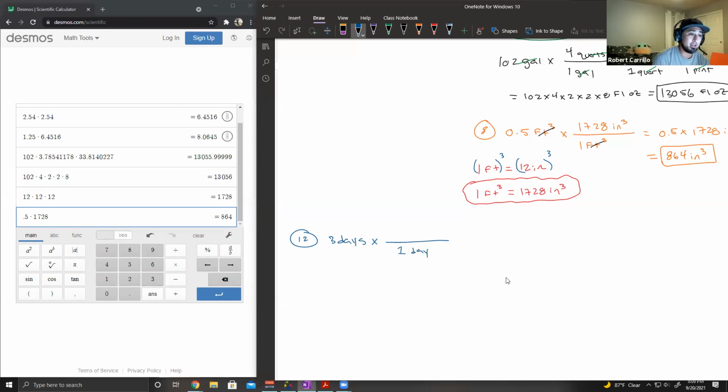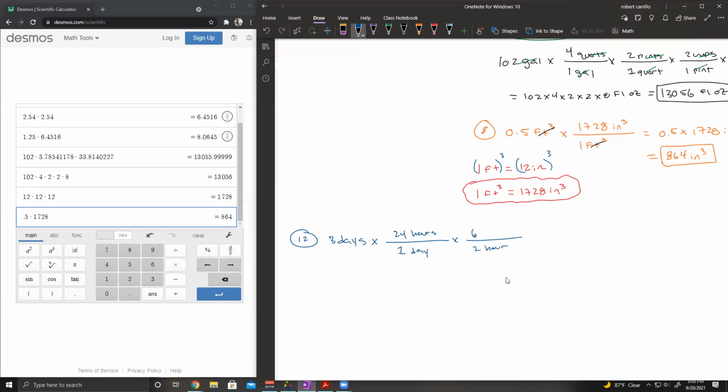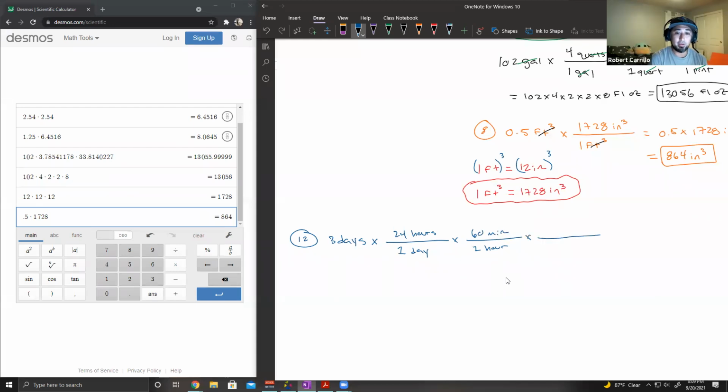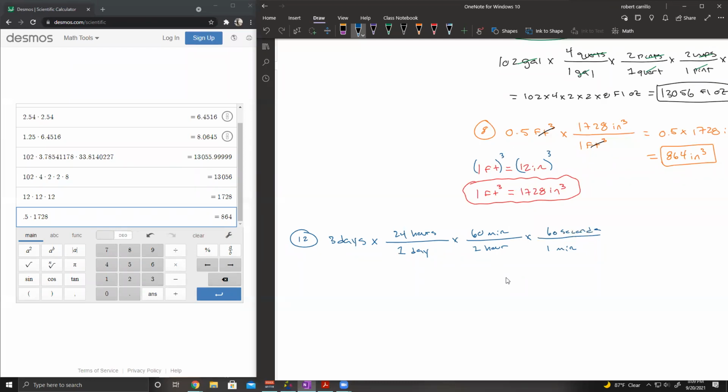So in 1 day, we have how many hours? 24 hours. And then in 1 hour, you have how many minutes? 60 minutes. And then in 1 minute, you have how many seconds? 60 seconds.